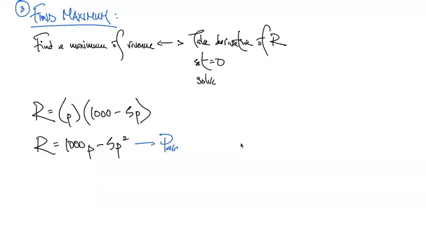I agree. This is a parabola. More significantly, tell me which way the parabola is facing. We know our curve looks something like this. That means the one place that has a slope of 0 is going to be the maximum.